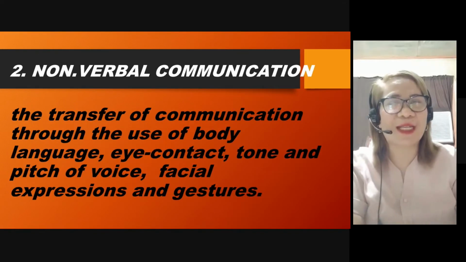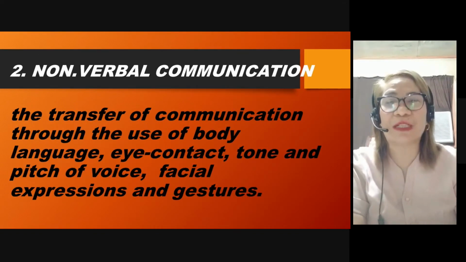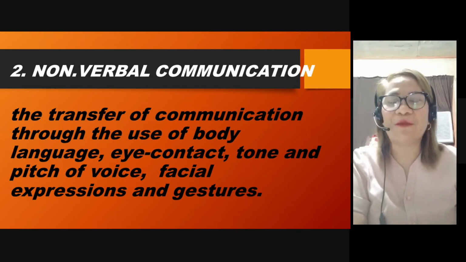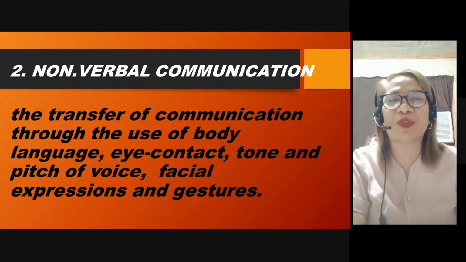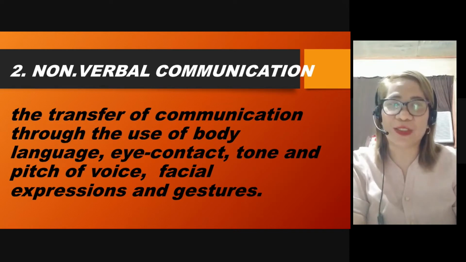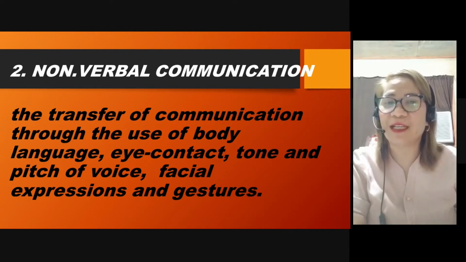Now, how does non-verbal communication differ from the first one? Non-verbal communication is the transfer of communication through the use of body language, eye contact, tone and pitch of voice, facial expressions, and gestures.